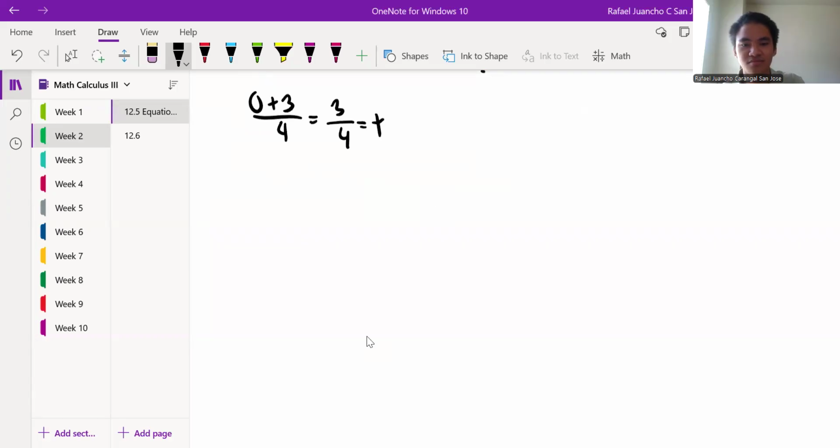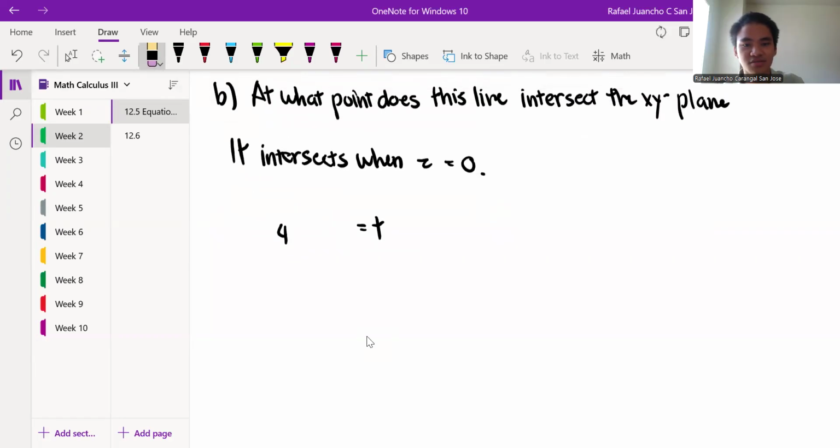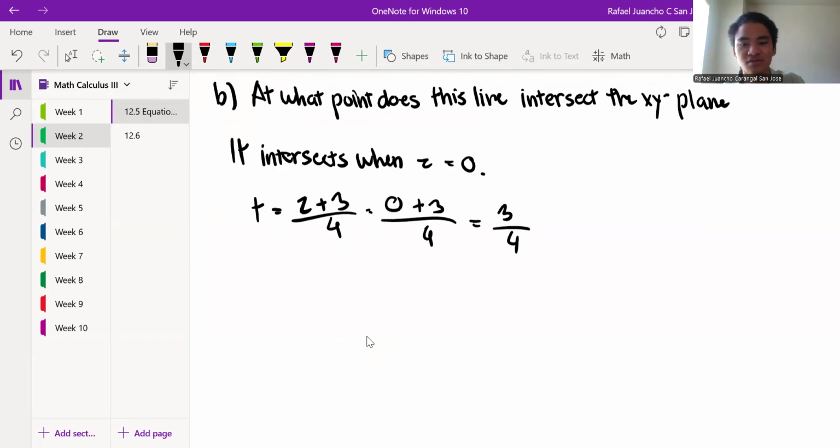So that's our t. We have z plus 3 over 4. We change that to 0 plus 3 over 4. And so that's our t. And now from here, we want to find x, y coordinates.